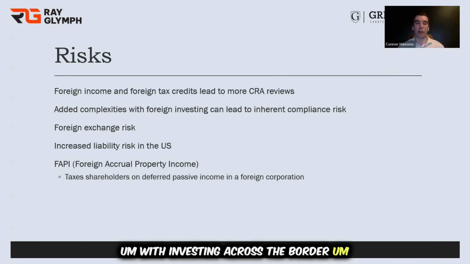With investing across the border, there are just going to be added complexities. This creates inherent compliance risk. If you have LLCs, corporations, or partnerships, there are more forms to fill out and more tax returns to file. With all of these forms and returns, there's more risk that if it's not done accurately, there could be penalties, interest, things like that.